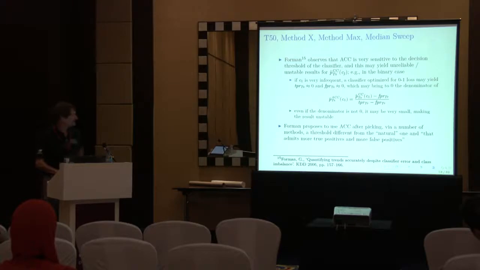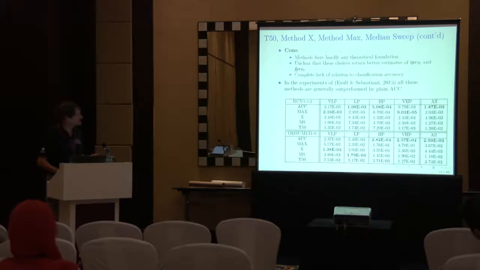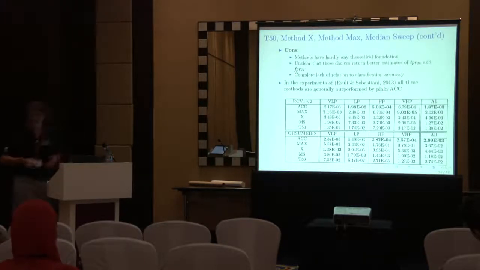This makes the class prevalence estimate more stable, but there is hardly any theoretical rationale behind it. These are several heuristics and methods which have been proposed in the literature, and indeed our experiments show that they don't seem to be very good ideas either. The original ACC, adjusted classify and count, tends to outperform all of them.